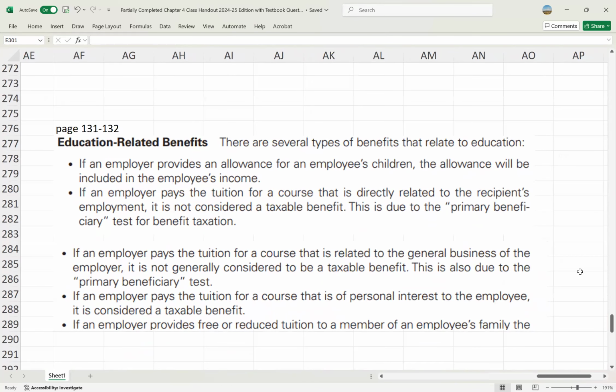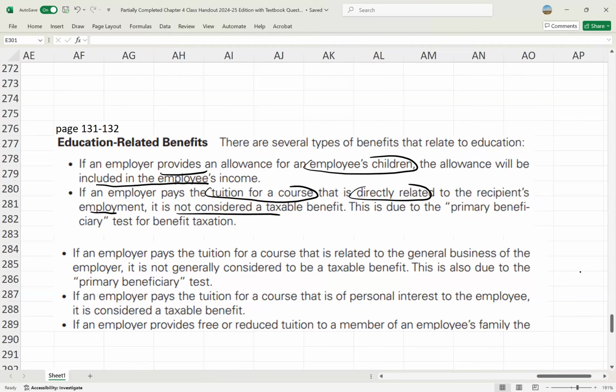So if the employer pays for the employee's children's education, that is included in the employee's income. That's a taxable benefit. If the employer pays for a course that is directly related to the employee's employment, that is not a taxable benefit.